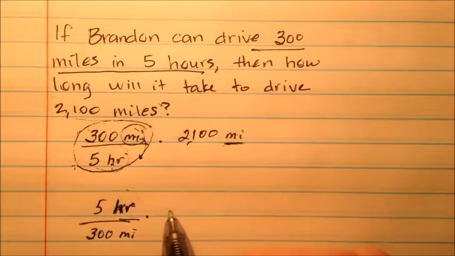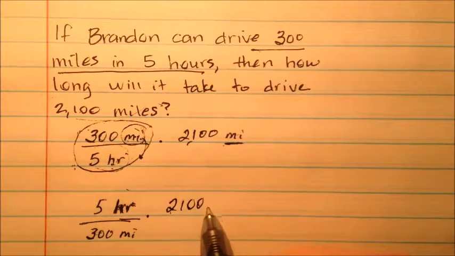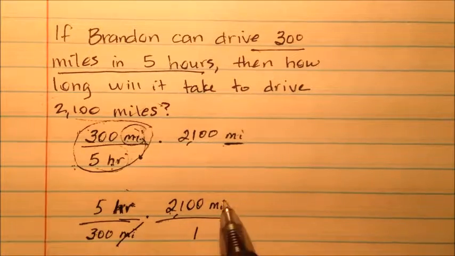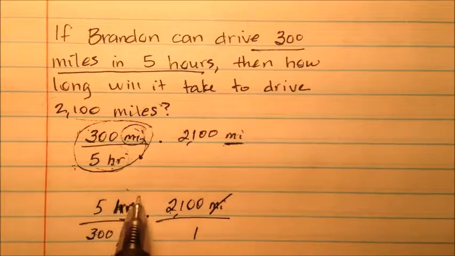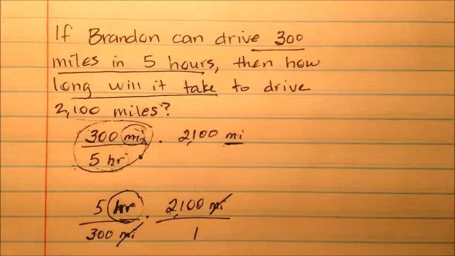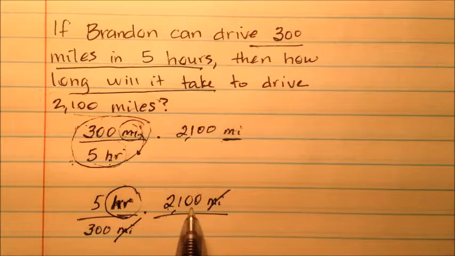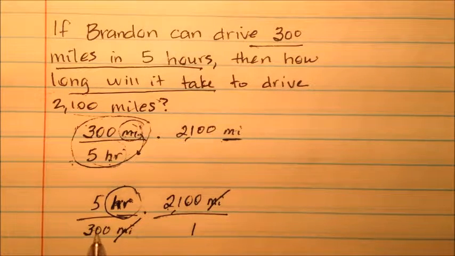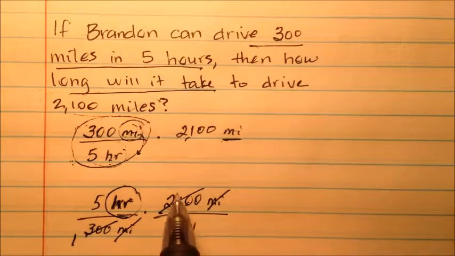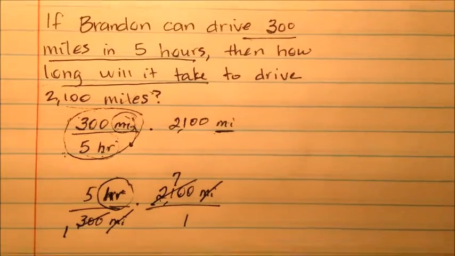And then I can multiply that by my 2,100 miles, and I notice nice things. My miles cancel. I'm left with just hours, which is what we're looking for because it says how long will it take. And also, this 2,100 and the 300, I can divide a 300 out of both of those. That becomes 1, and this becomes 7.